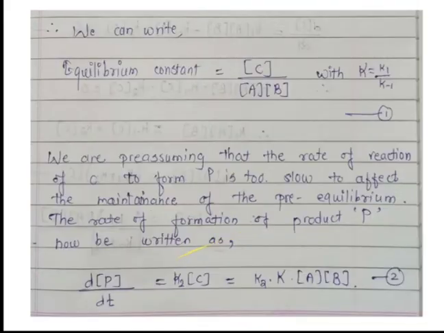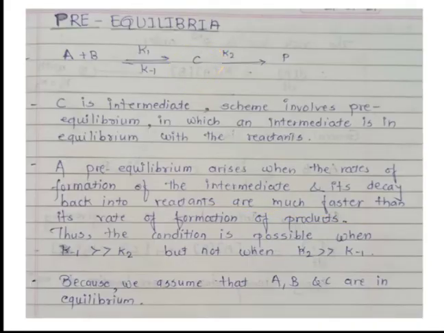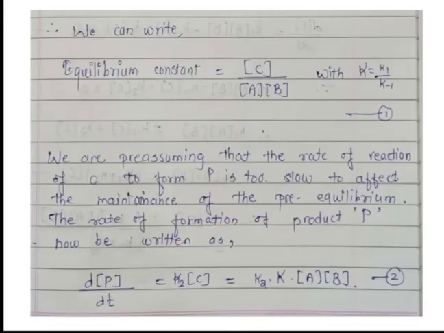Then the rate of formation of product P, with respect to change in time, can be written as follows. Product is formed from C, so the rate is positive, and it is formed with rate constant K2 after decomposition of the C species. Therefore dP by dt is equal to K2 into the concentration of C.